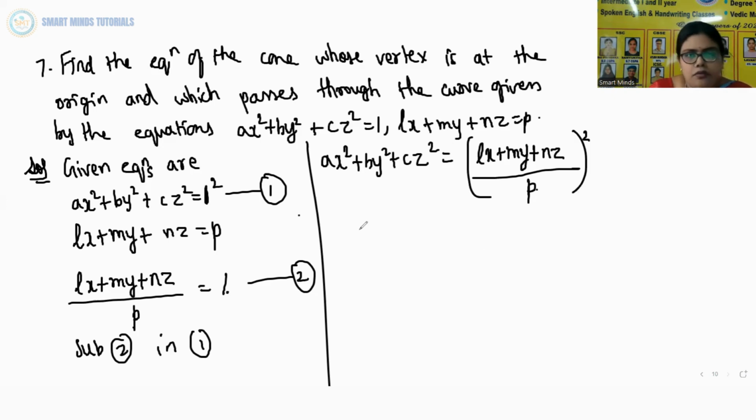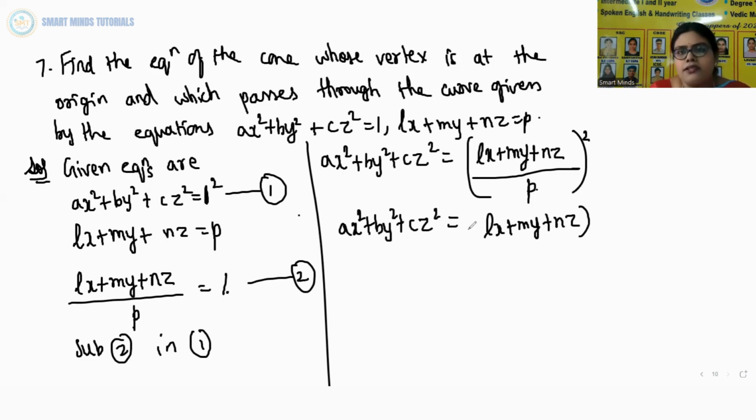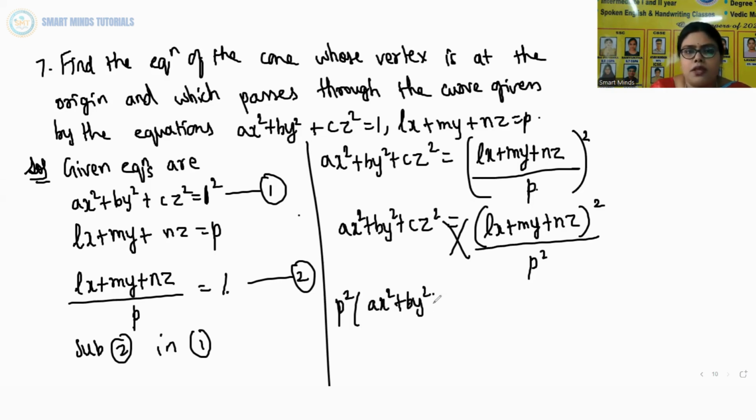Okay. Now open the brackets. ax² + by² + cz² is equal to (lx + my + nz)² by p². Like in straight lines, how we do homogenizing, this is the same way. Now if you cross multiply, you will get p²(ax² + by² + cz²) is equal to, now open the bracket, apply the (a + b + c) whole square formula.